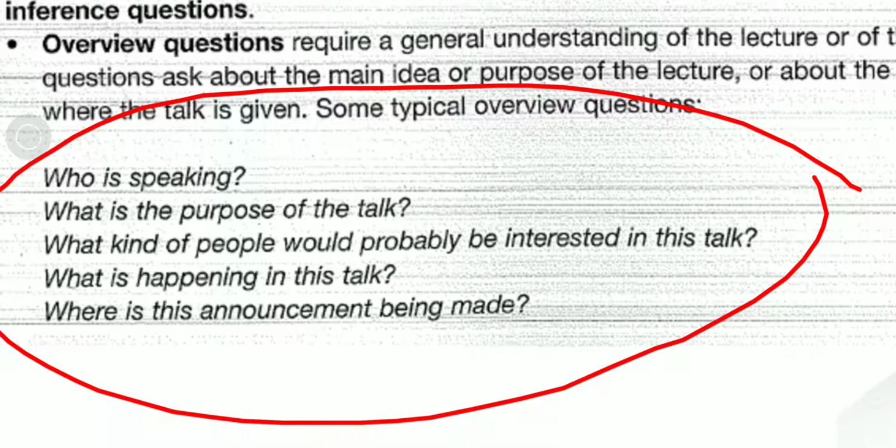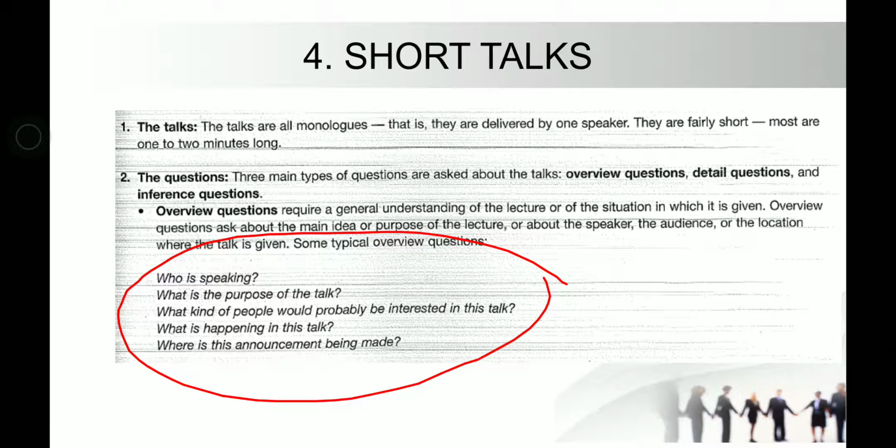It means, who is the audience? What is happening in this talk? And then where is this announcement being made? For example, on the radio, or maybe in the bus station, in the train station, or maybe in the airport, etc. The location. Okay.